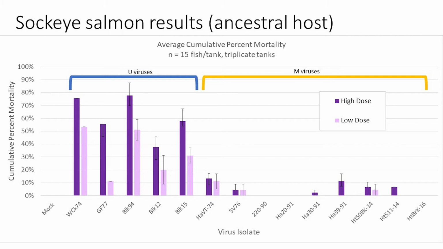And immediately you can see that we had a lot of mortality in all of our ancestral viruses, which is more or less what we expected because we understand them to be co-evolved with sockeye salmon. What's kind of interesting is that we don't really see much mortality in the M viruses. So viruses that went through a host jump seemed to maybe lose some of their virulence in the ancestral host. So this is great. This is our baseline for comparing things after the host jump.